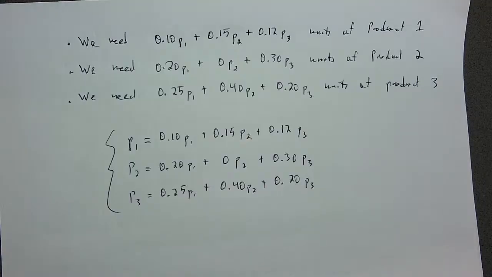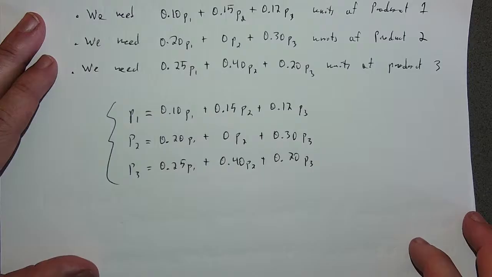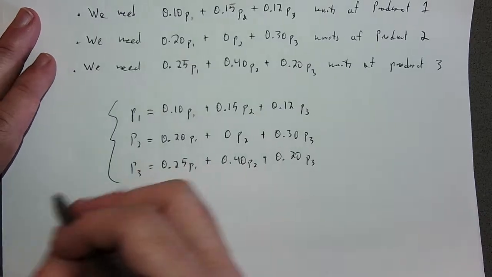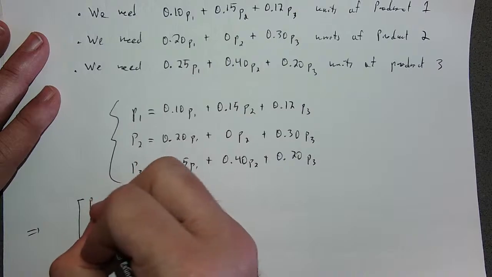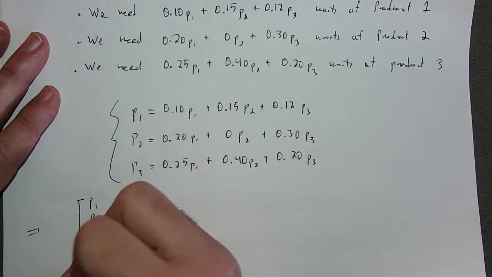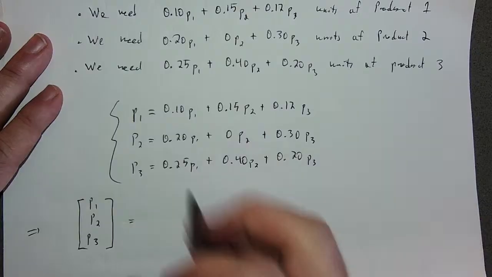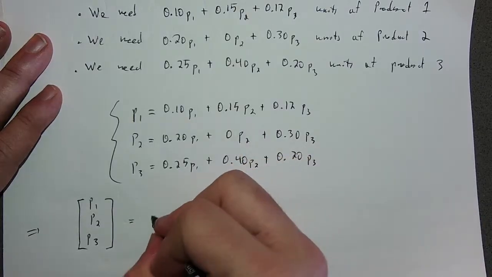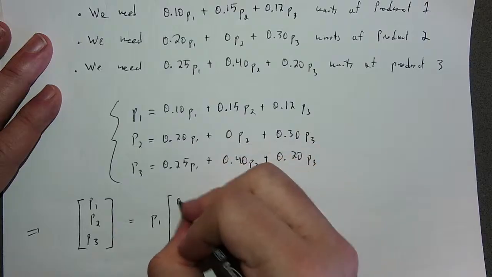Of course, I could write this as a vector equation, if you like, right? So we could write this as the vector equation, where my left-hand side vector contains the amount that I want to be producing, and then I have weights as these amounts, p sub 1, p sub 2, and p sub 3.